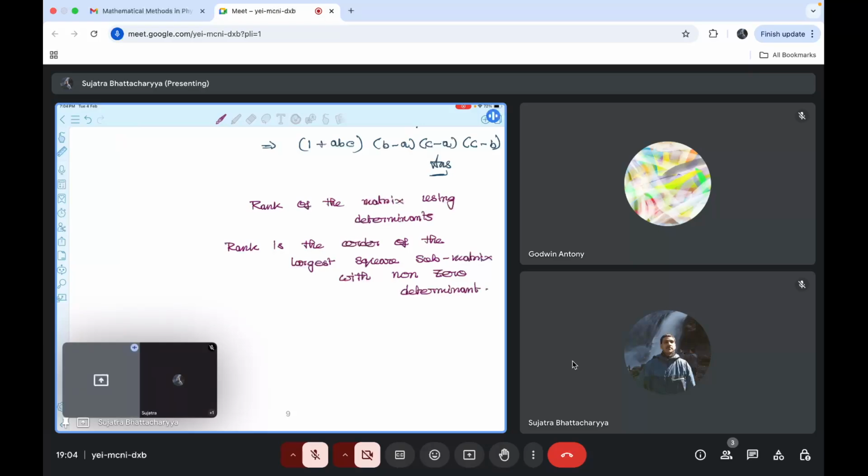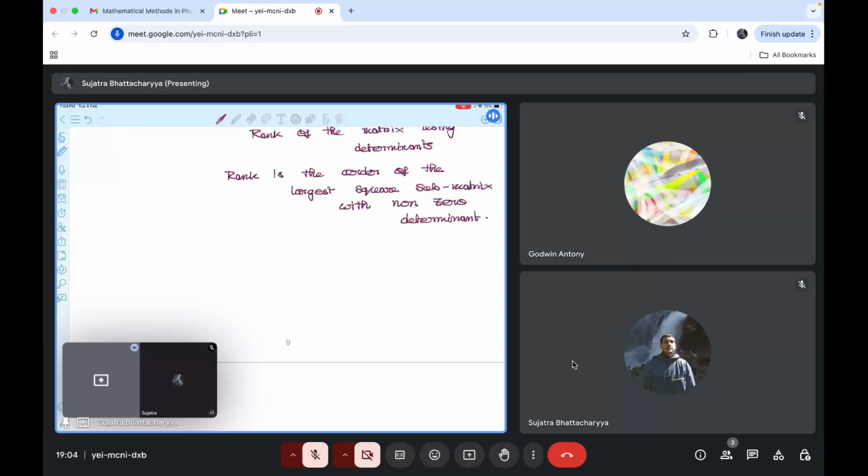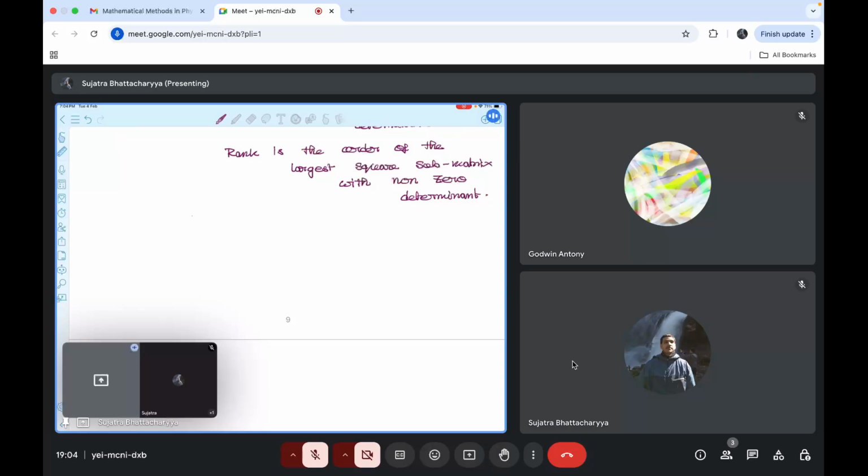Okay, this is how the rank is calculated using the determinant. So I'll just give an example here to show how to do it.